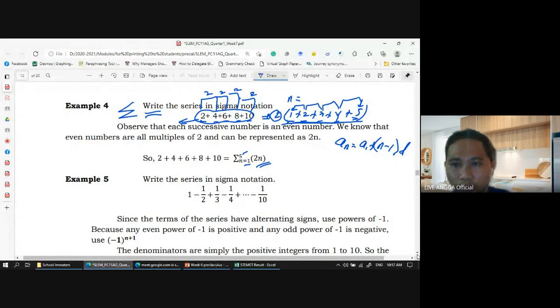If the difference is 1, then a sub 1, 1 plus n, and then a sub n.